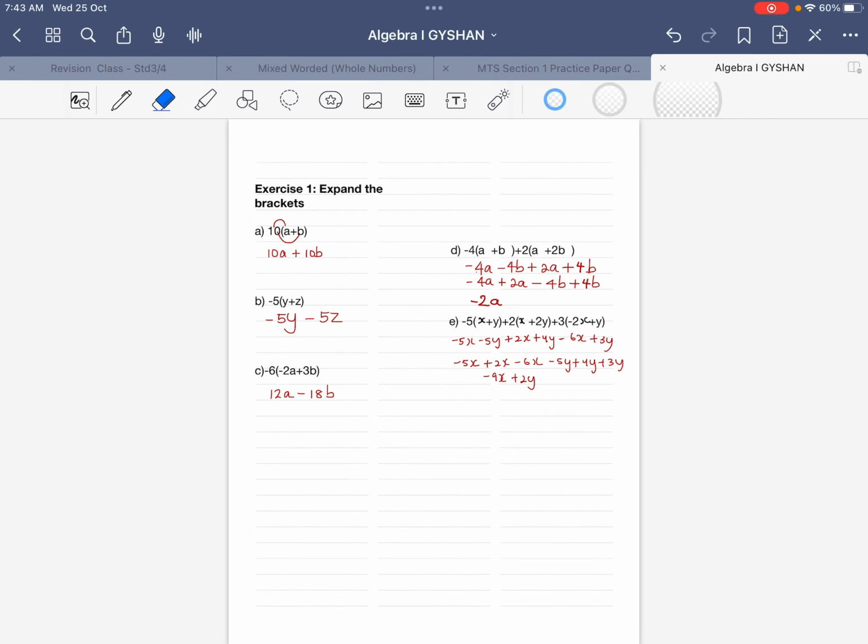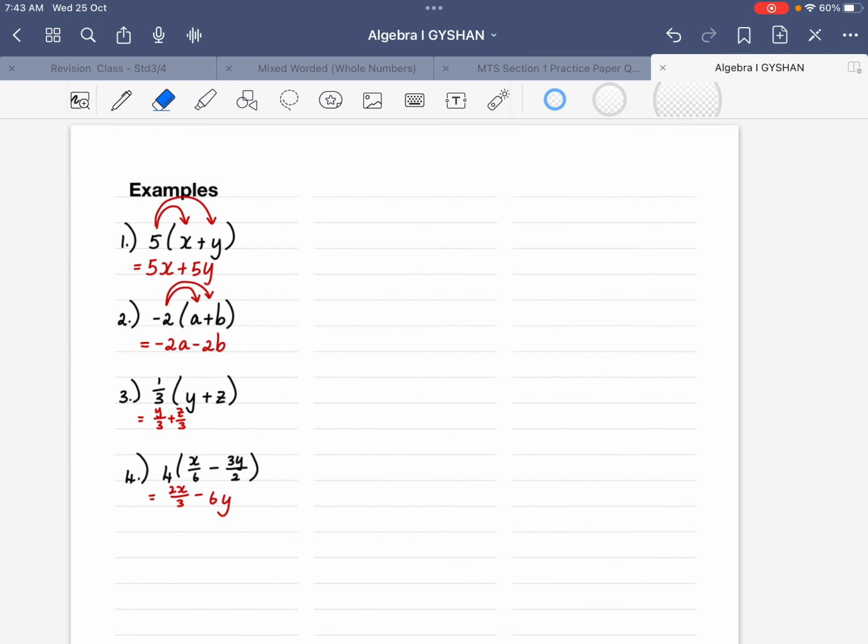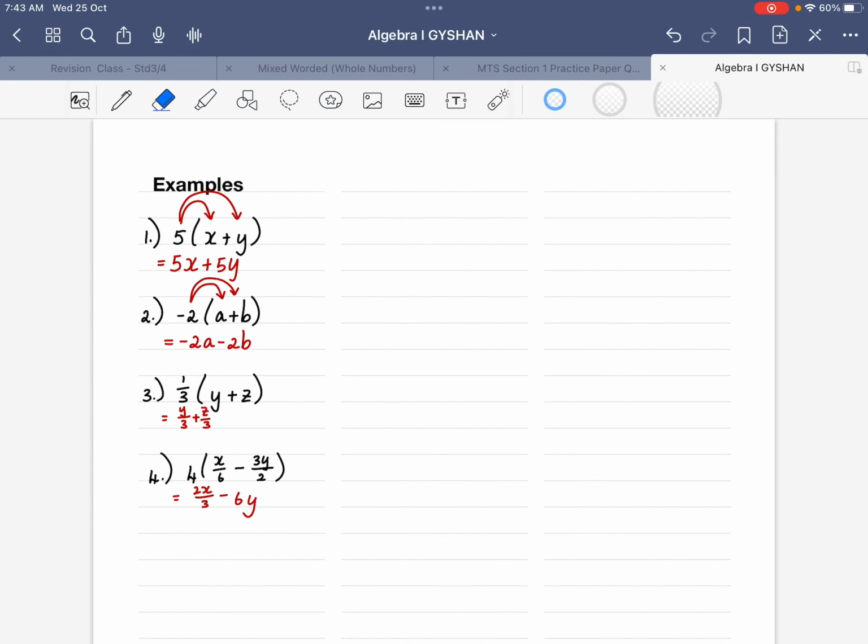Okay, let's continue. So here we have 4 examples. So we'll look at example 3 and example 4 as these involve fractions.